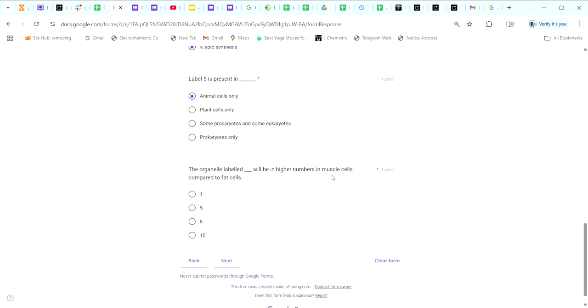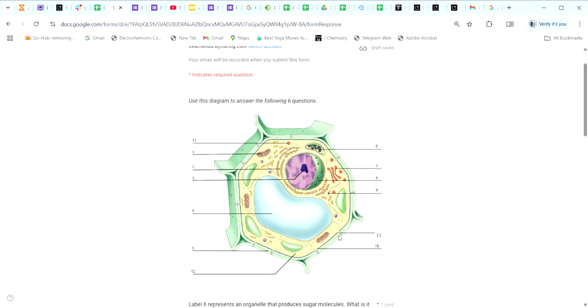That is mitochondria. 1, 5, 8, 10. No, that will be 1.